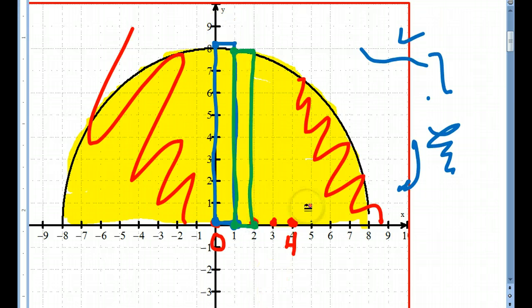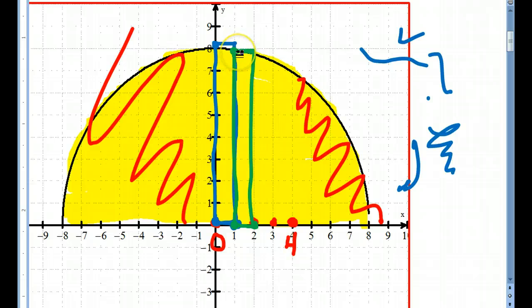So the height of this is going to be kind of weird. How do I find the height? How do I find the y value here? The height of this rectangle based on the equation? Yes? Slope of the tangent, the derivative at that point? No. I'm just trying to find the height, which happens to be the y value.